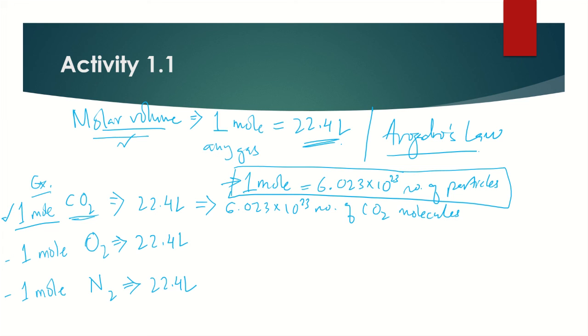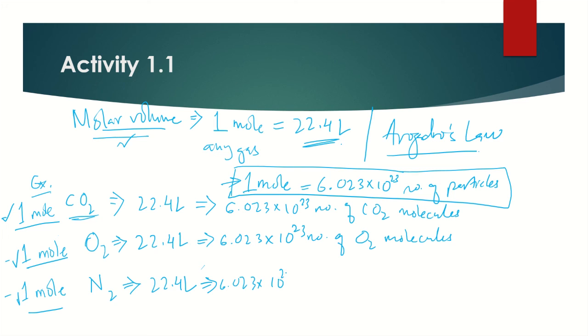Likewise, for the second example, 1 mole of oxygen gas will also contain 6.023 times 10 to the power 23 oxygen molecules. And the same goes for the third example: 1 mole of nitrogen gas will also contain 6.023 times 10 to the power 23 nitrogen molecules.